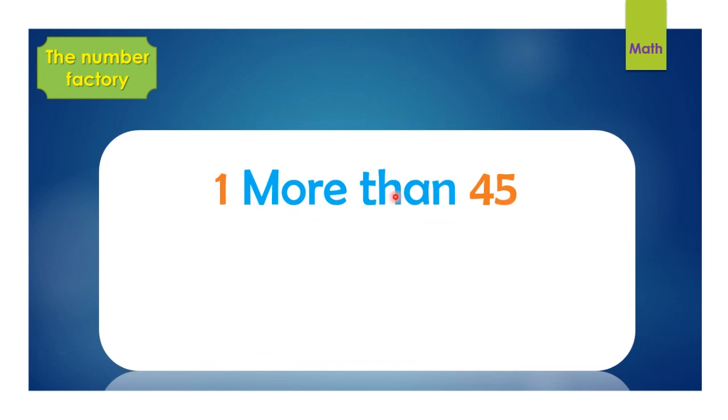So before I start, I need to know which one is the units and which one is the tens. 5 is in the units and 4 is in the tens place. And here he said it's 1. 1 means that I'll change the ones or the units. I'm gonna change only the ones, which means that I'm gonna change the number 5.